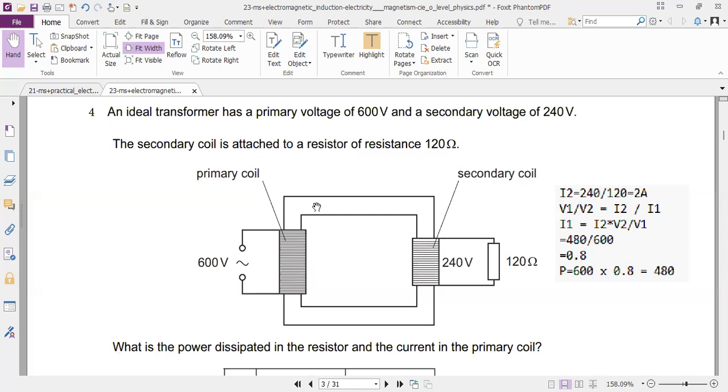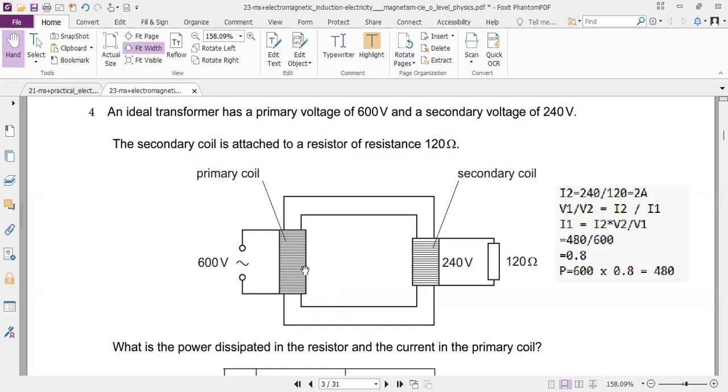This question, so we have a transformer, input voltage, output voltage. So we have the resistor and voltage gives us the current flowing through here. And then this current will be used in this relationship to calculate the current here.